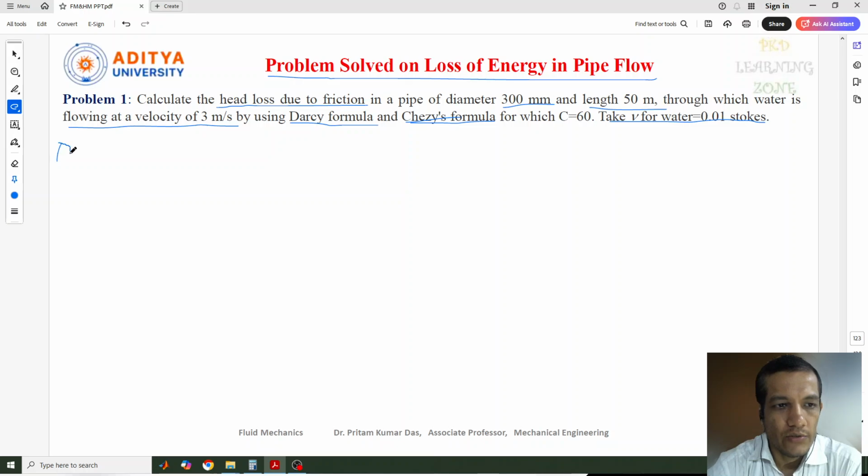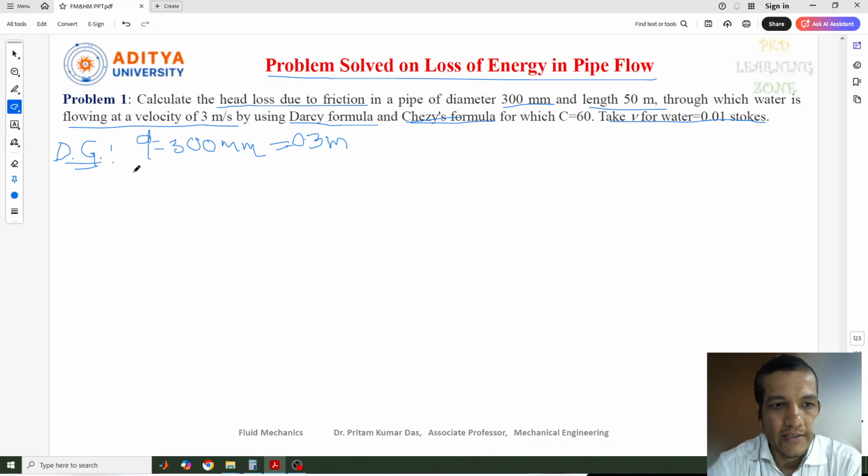For that, first we will write what data is given in this question, and then we can see what formula can be implemented to find out the head loss. In the data given, first, the diameter is given as 300 millimeter, which is nothing but 0.3 meter.